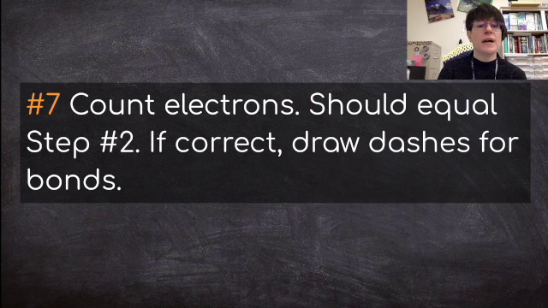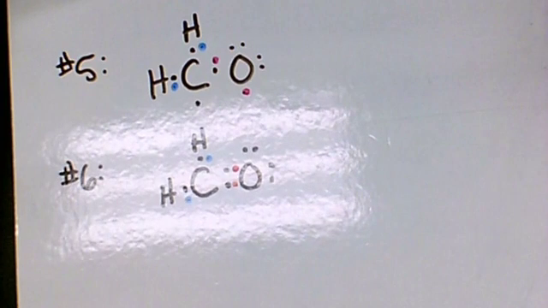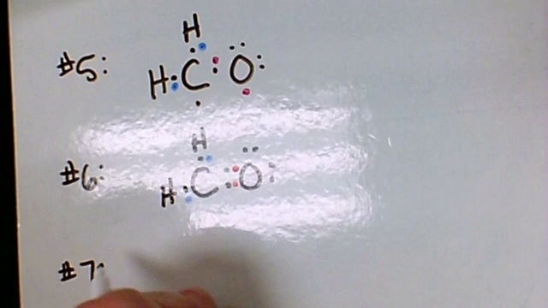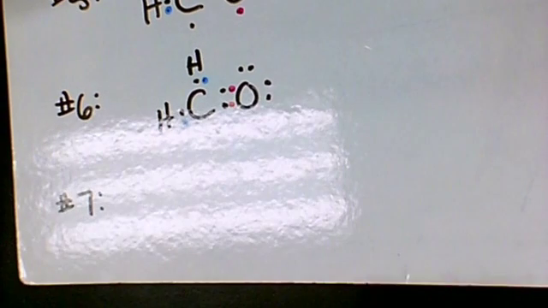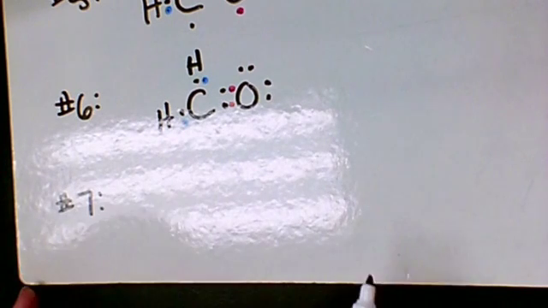And 7, we count the electrons. They should equal step number 2. If it's correct, we draw dashes for the bonds. Now, step number 7 is to count my electrons, and if I have the correct number of valence electrons, to put in my dashes for bonds.